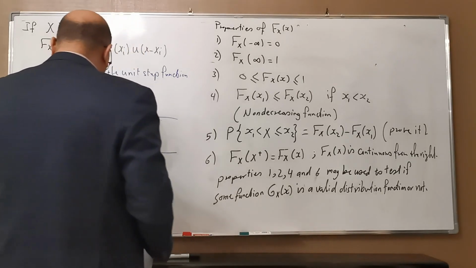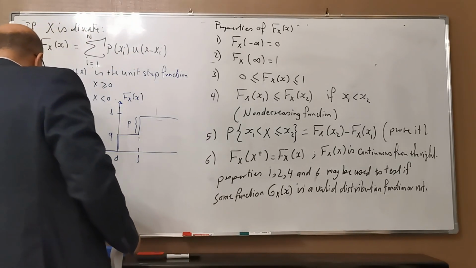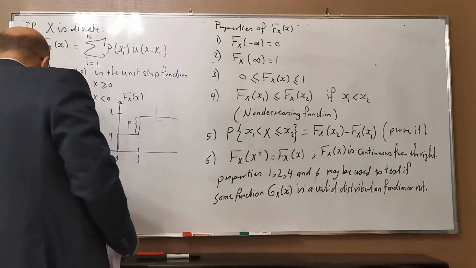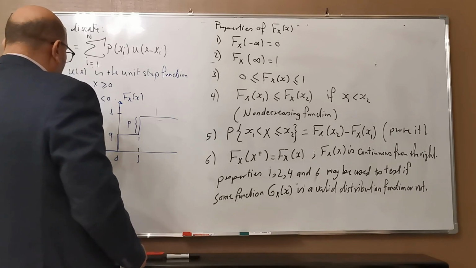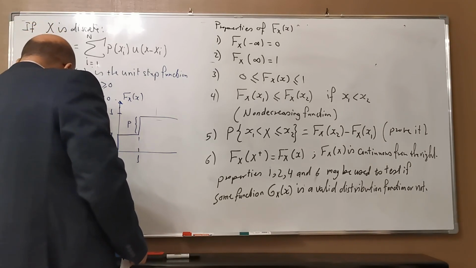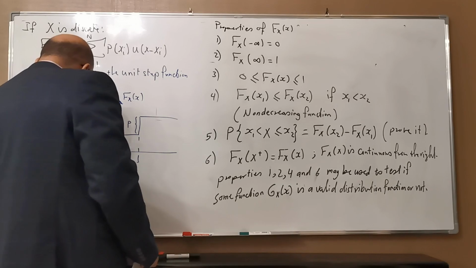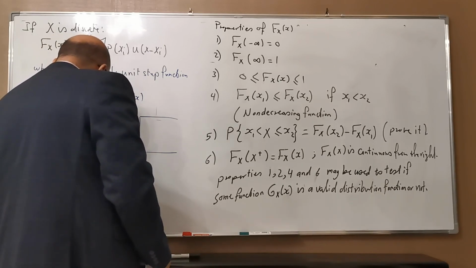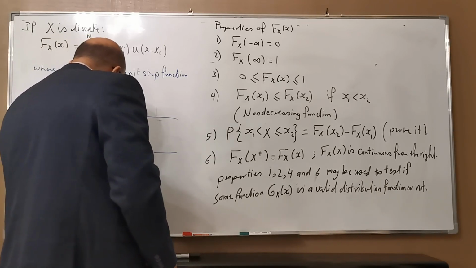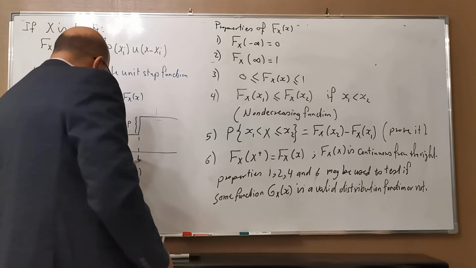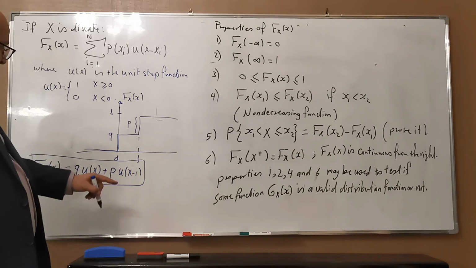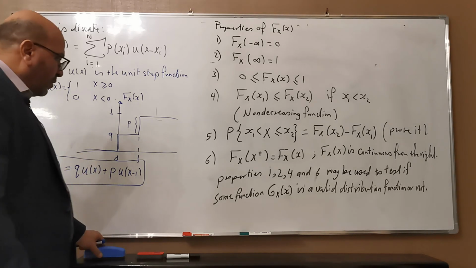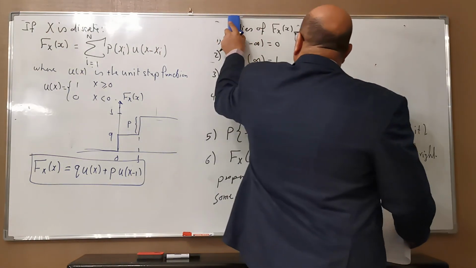So we can represent fx of x here as probability of 0, which is q, times u of x plus p times u of x minus 1. So this is the representation of our example that we had before. Okay?